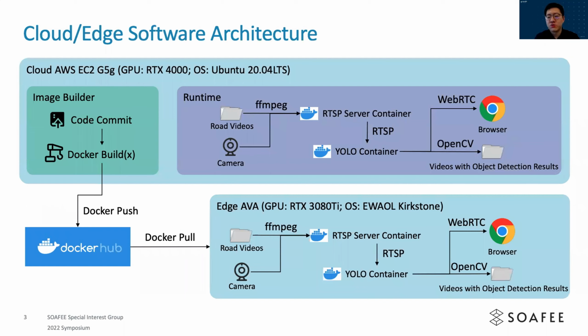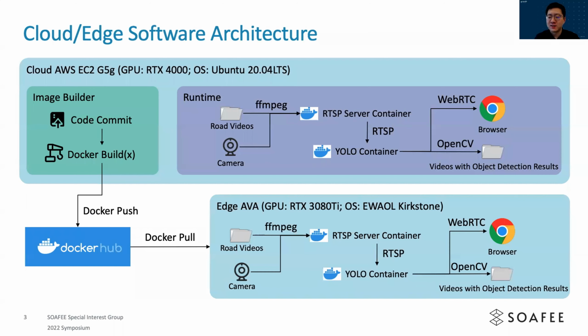Here is our software architecture for both cloud and edge sites. In the cloud, we use Amazon EC2 G5G instance, which is powered by AWS Graviton 2 processors based on ARM architecture, and also NVIDIA T4G Tensor Core GPU.